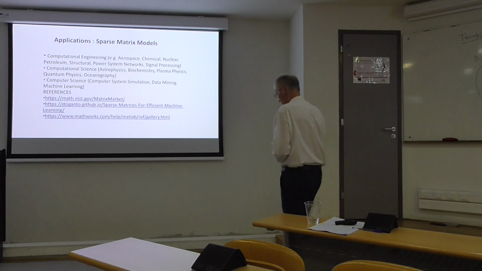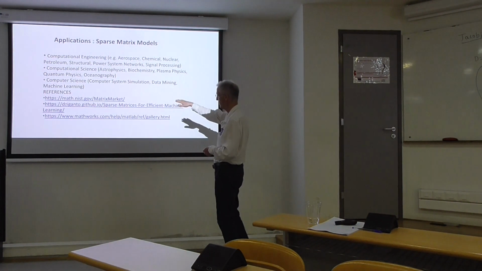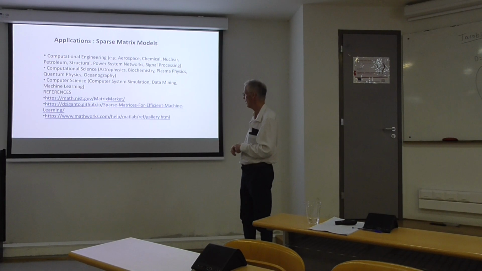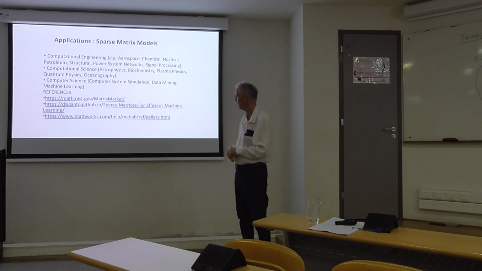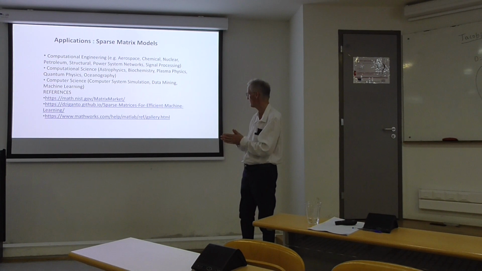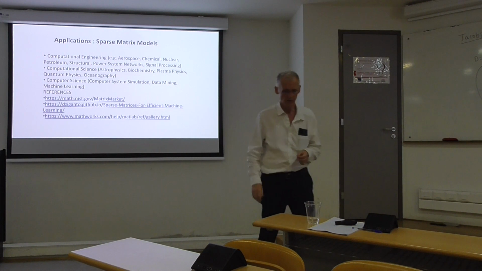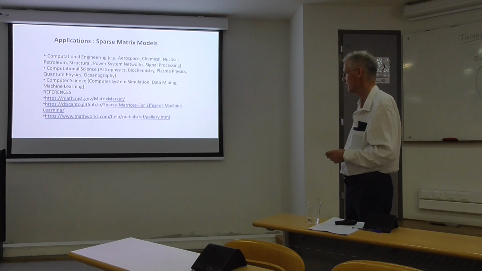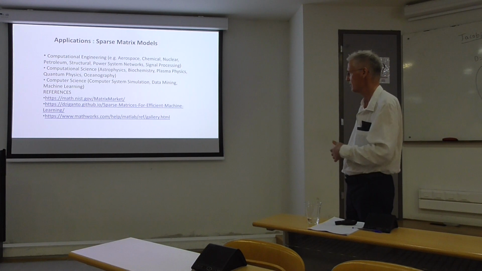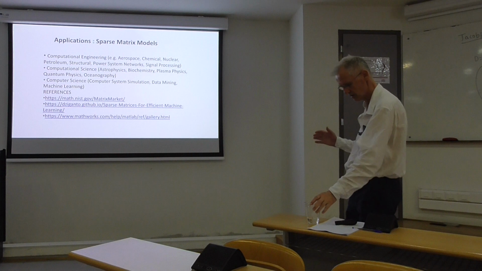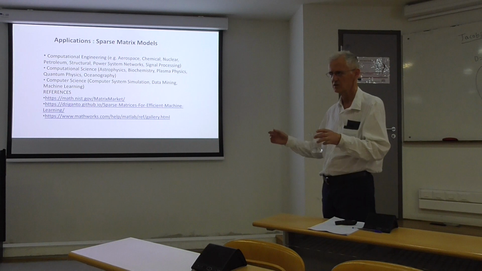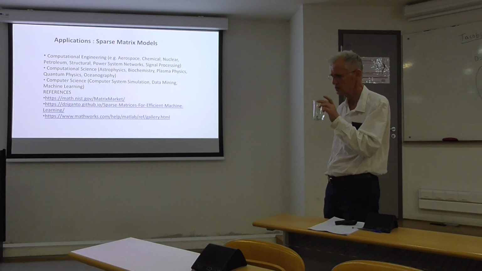Certainly, these are real problems, which have been contributed. The second one is a website of somebody who considers sparse matrices for machine learning. It's a very good website if you're interested in machine learning and sparse programs for machine learning. And the last one is the gallery from MathWorks, which has problems of adjustable dimension. So it's the test problem, with dimensions that you can adjust yourself.